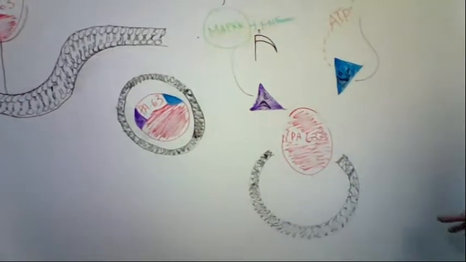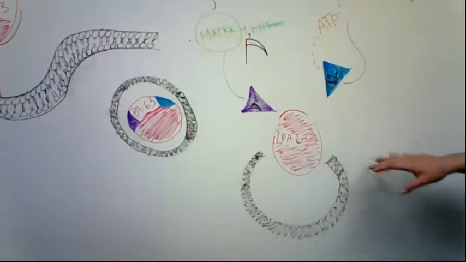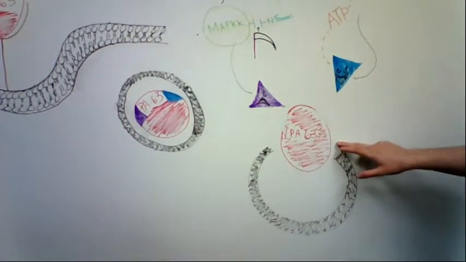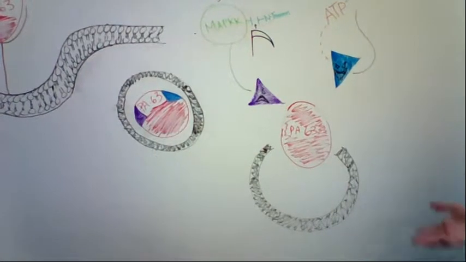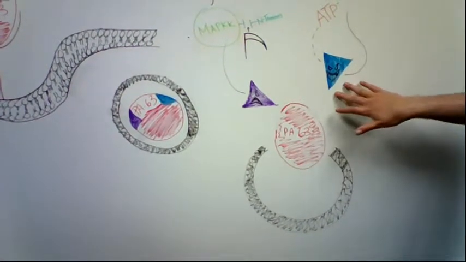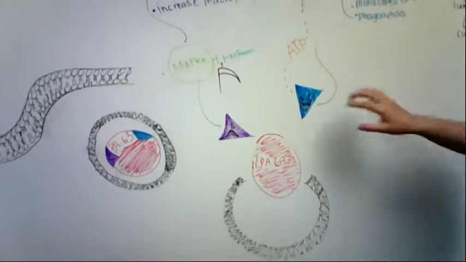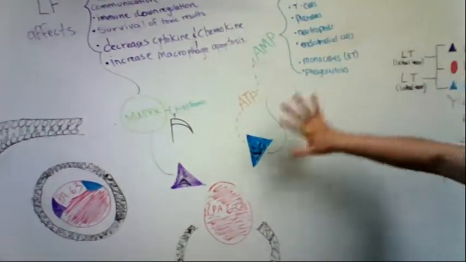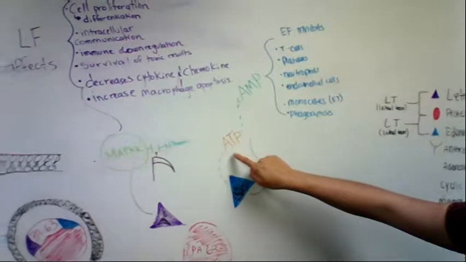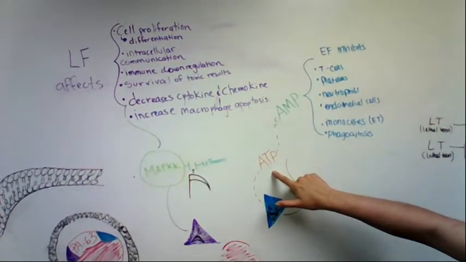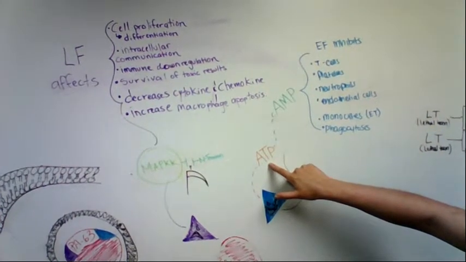Once translocation occurs and the 2 toxins cleave off of their protective antigen, they retain their factors, the edema factor and the lethal factor. The edema factor utilizes ATP in the cell, and once it does, the ATP is no longer a triphosphate.